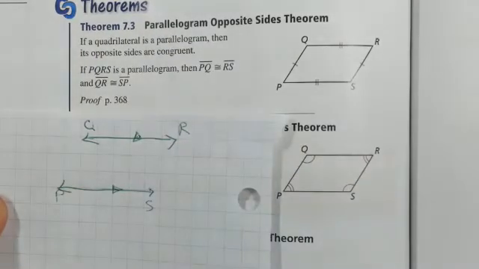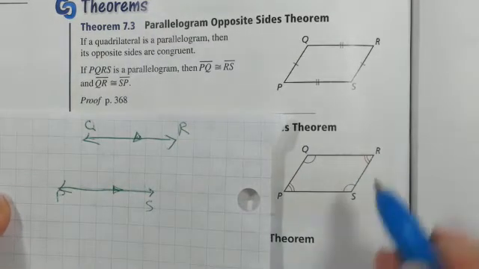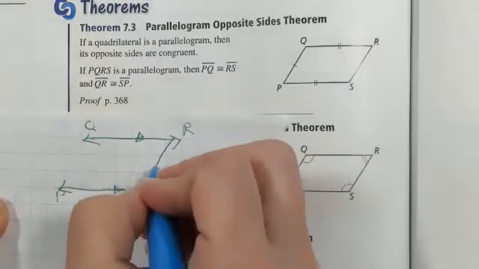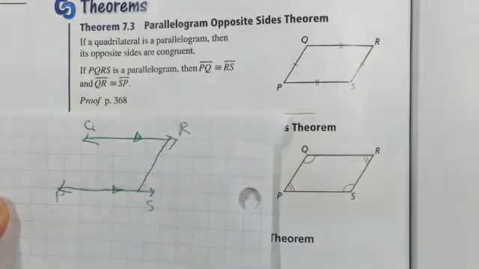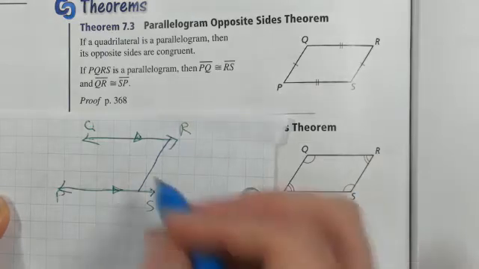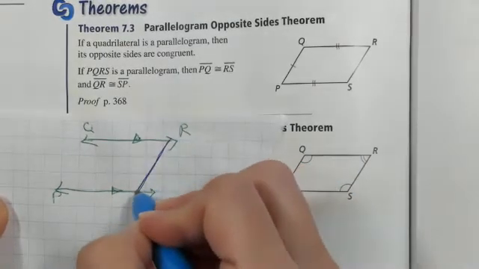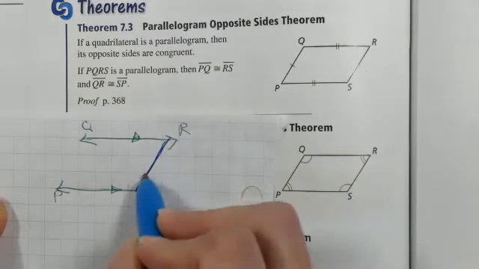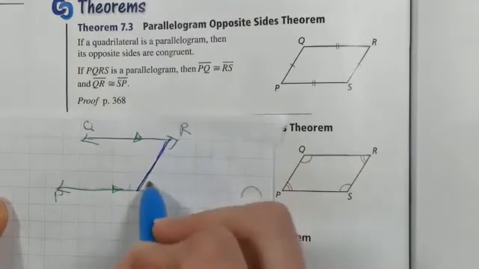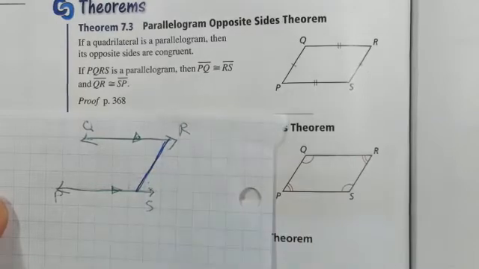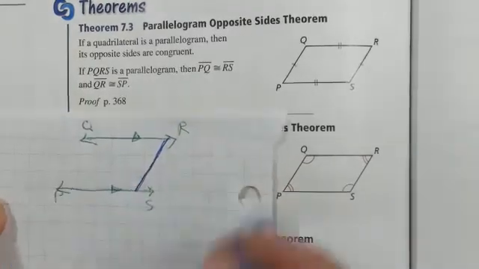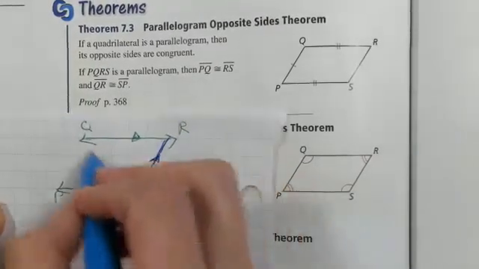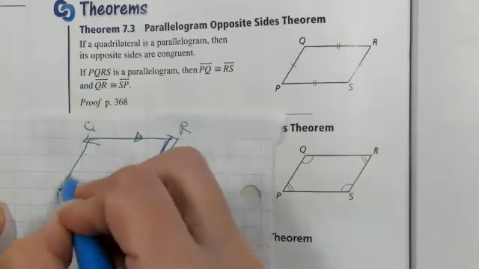Okay. If we were to draw a transversal, let's say we draw the RS transversal like this, it would actually be a true transversal, okay, which means that these are going to be supplementary and these alternate interior angles would be congruent. And then we draw another transversal that is parallel over here, QP.